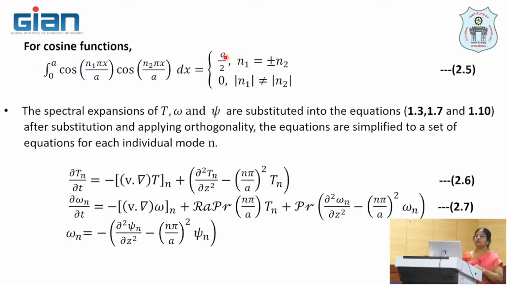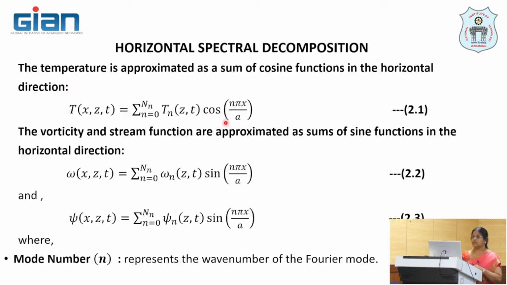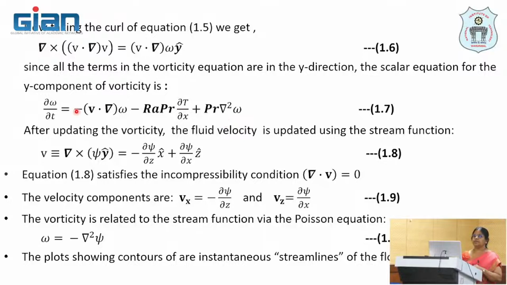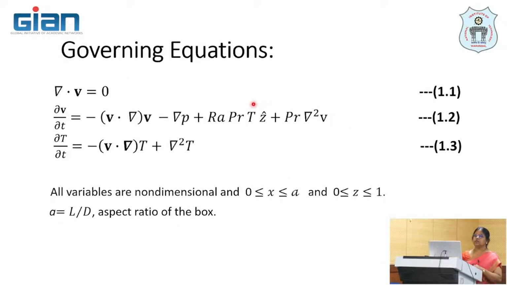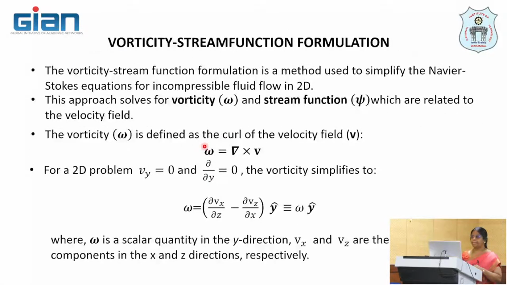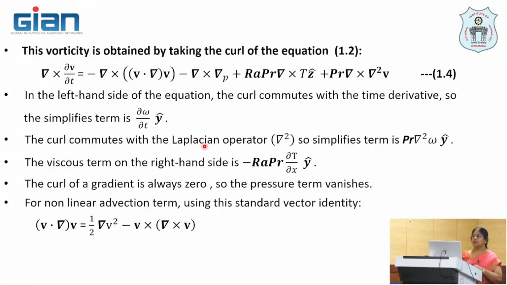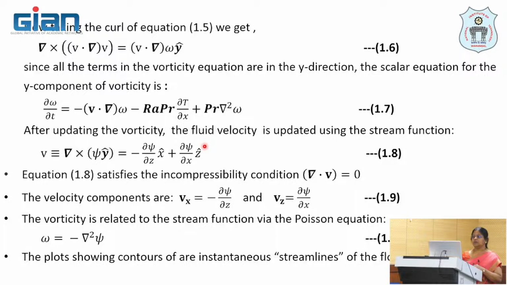Now what we are going to do here is the spectral expansions of T, omega, psi, in the original equations. We have seen this one, the omega equation, and the temperature equation is what we started with. And then T, omega and psi; psi is this one.